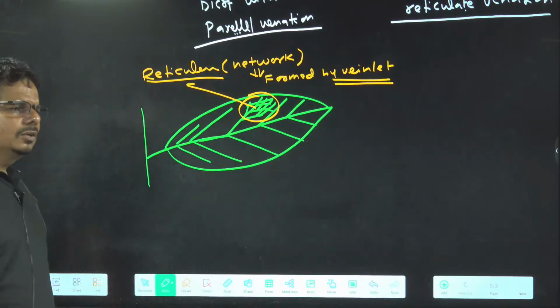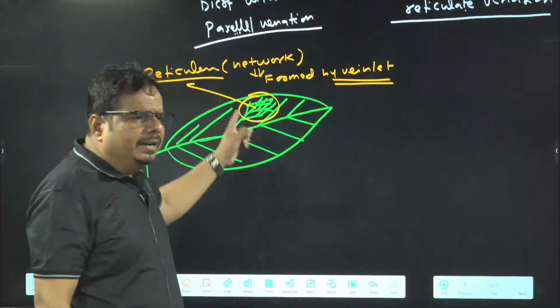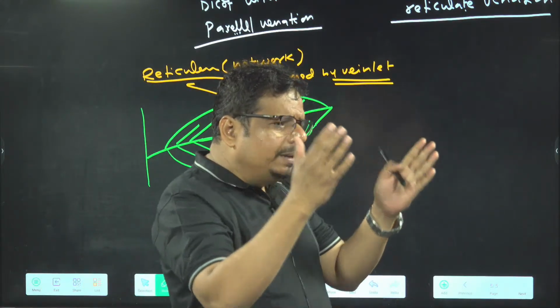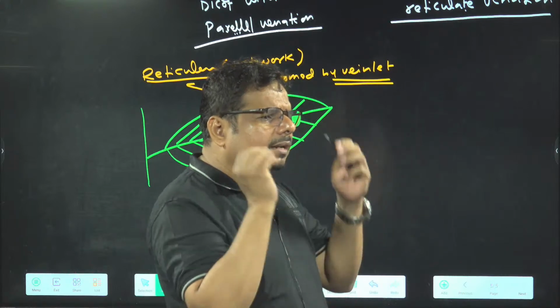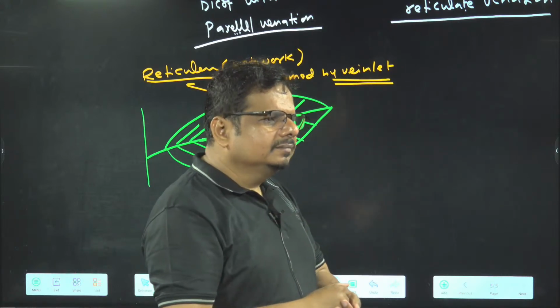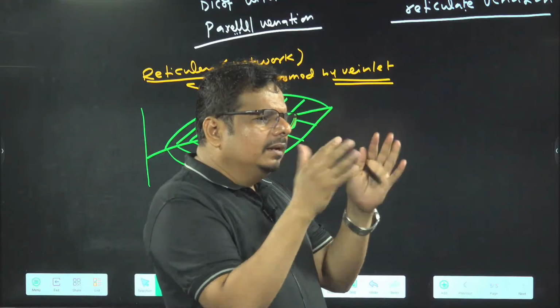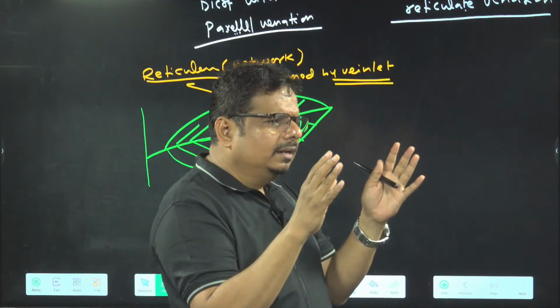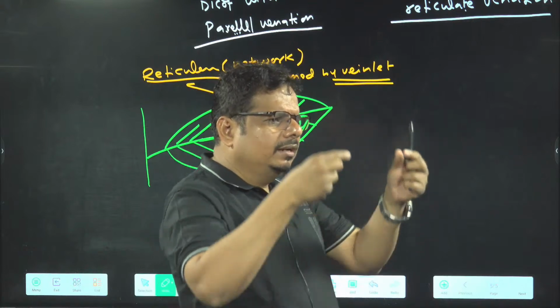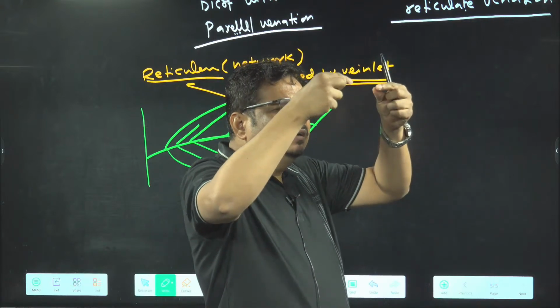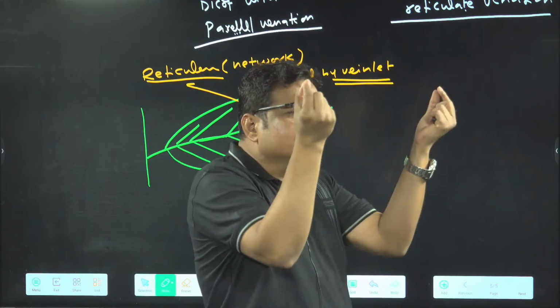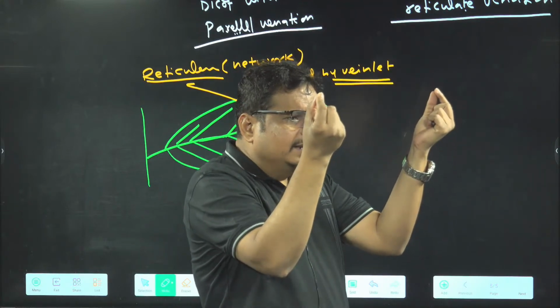Is it clear? So in peepal tree, in banyan tree, you will find a network. If you keep a peepal leaf in your book for two to three months, what you will find? It becomes non-green after some time. Chlorophyll gets exhausted, cuticle gets exhausted. After some time you will find a mesh-like, net-like structure present in the lamina.